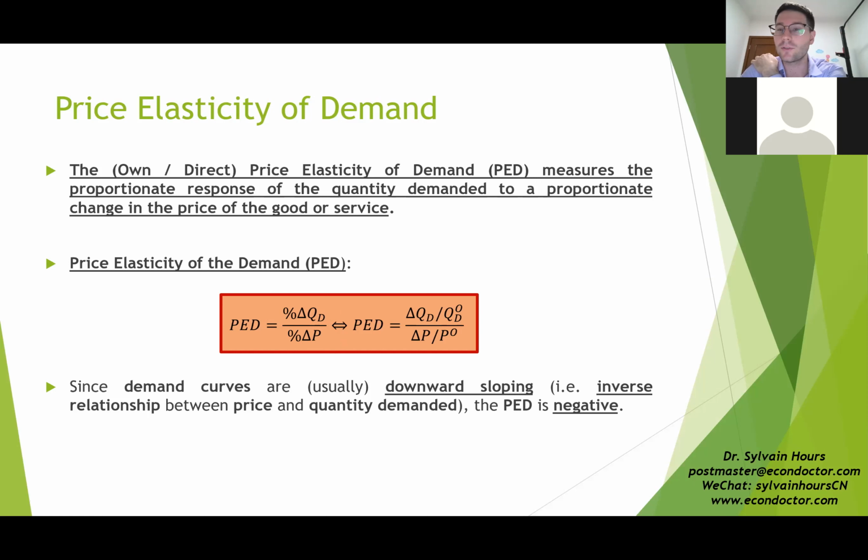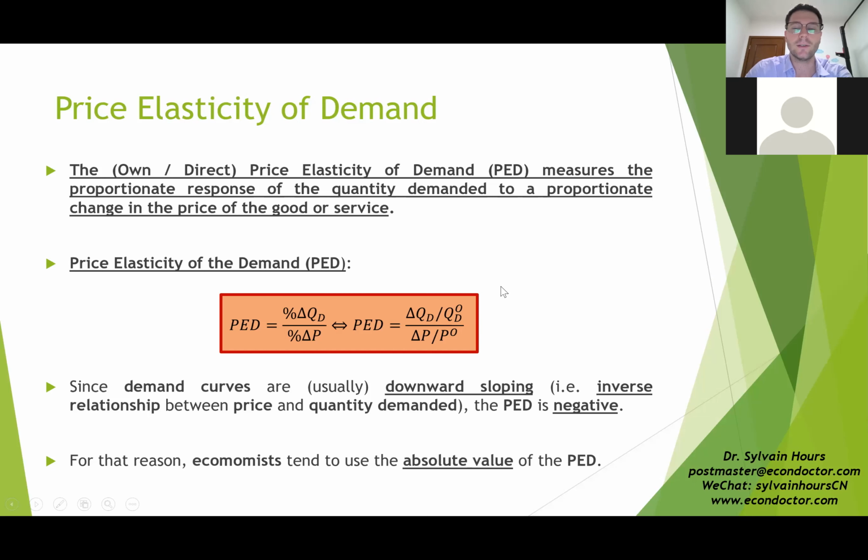Of course, we have studied the law of demand. So the students know that the demand curve is downward sloping. There is an inverse relationship between price and quantity demanded. And in that case, as I explained earlier, when there is a negative relationship between the 2 variables, then the PED, the elasticity, is negative. And that's why in some books, they directly work with the absolute value.